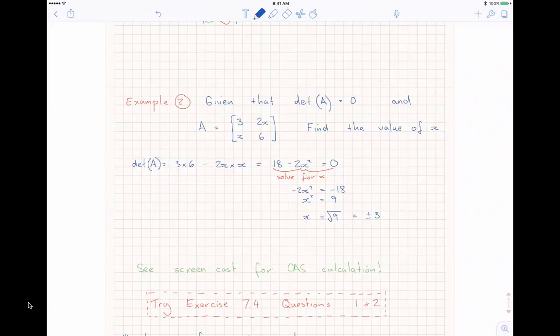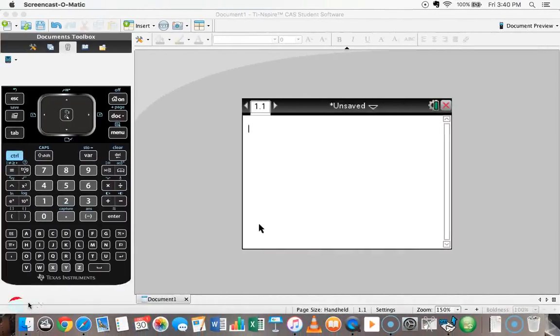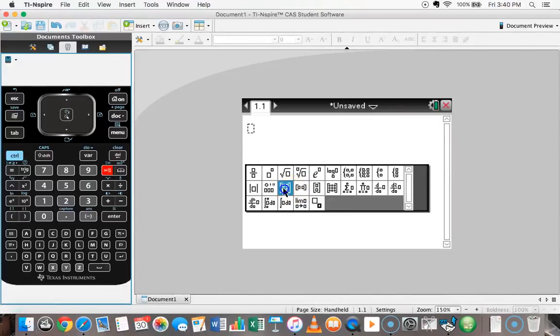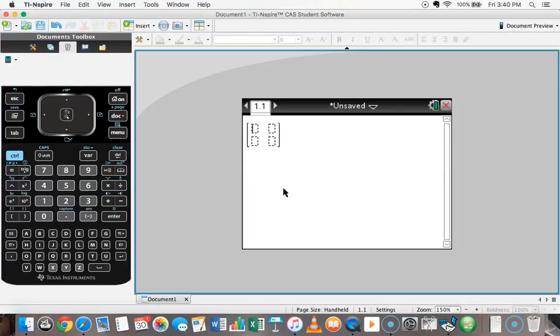So how would we find the determinant on CAS? We use a square matrix. If we use the matrix that we used before, which was 3, minus 2, 4, 5, we can store that matrix.